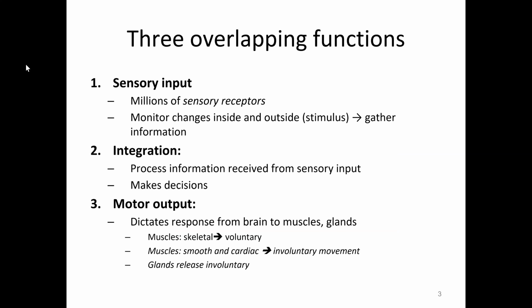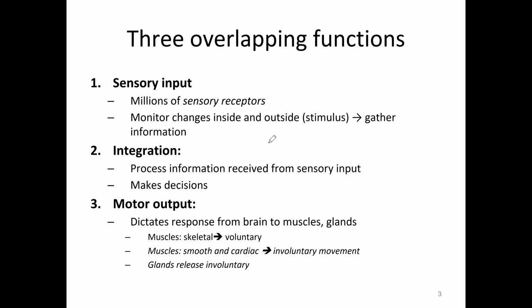So here you can read about what we just said. Sensory input. We have millions of sensory receptors, and they monitor changes inside and outside and gather the information. Now, these changes that happen inside or outside your body are called stimulus. So stimulus is any change inside or outside of your body.